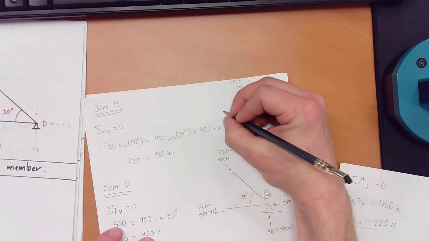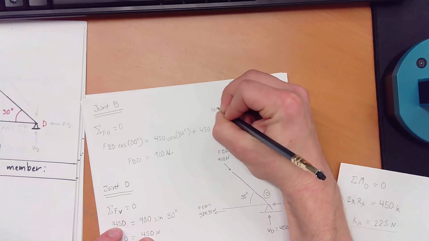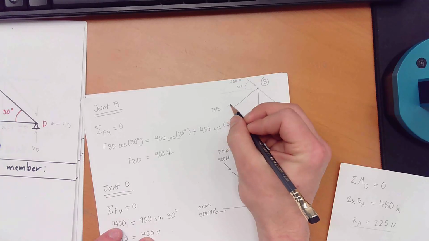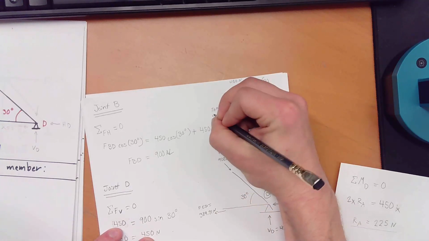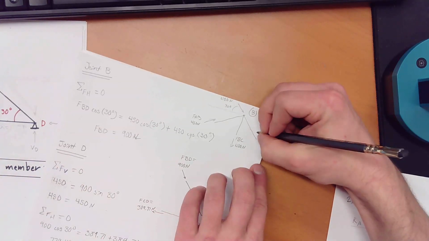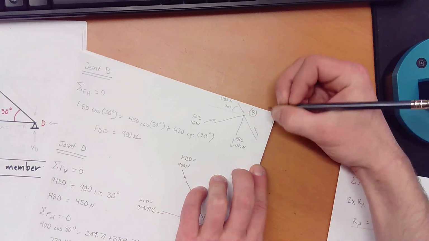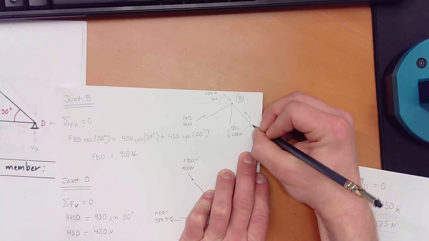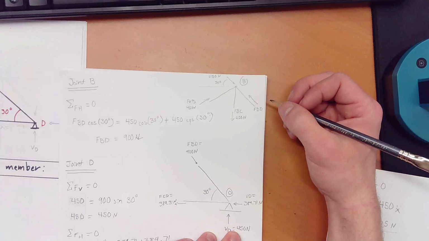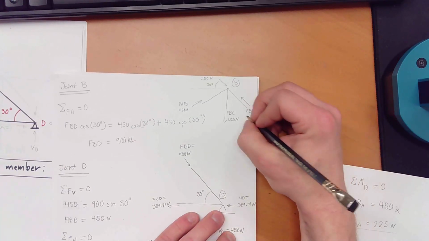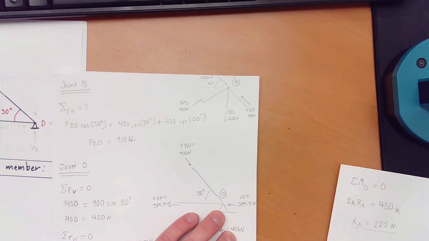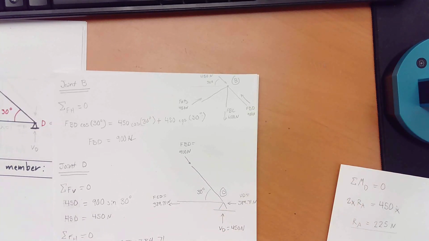We have FAB, which is pushing up with 450 newtons. We've got FBD, let's push up that way. FBD, which is pushing up with 900 newtons. So we've got all our pretty little drawings there.